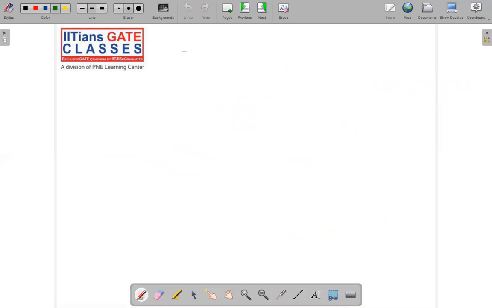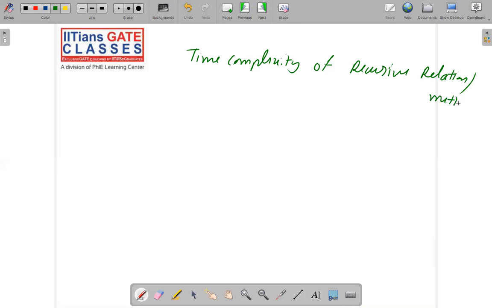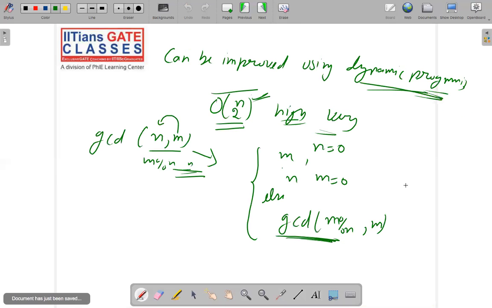So there are three methods for calculating time complexity of recursive relations.